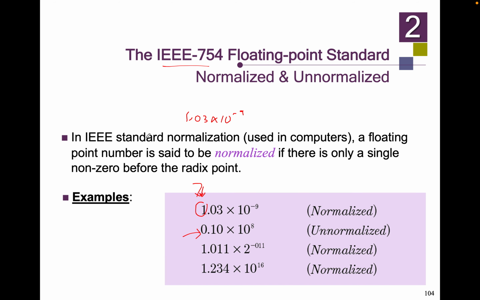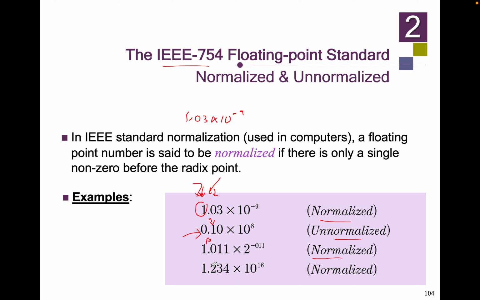Okay, now over here, you need to check the normalized and unnormalized. For normalized, you have 1 and after that is 0. Unnormalized, you have 0 in front, after that you have the non-zero. This one, is it normalized or not? It is normalized because after this will be a 0.